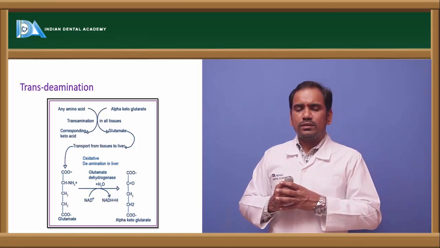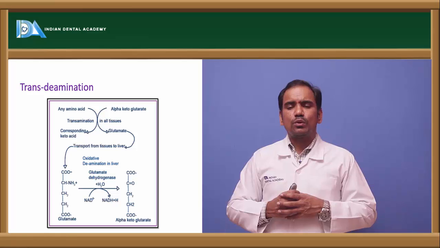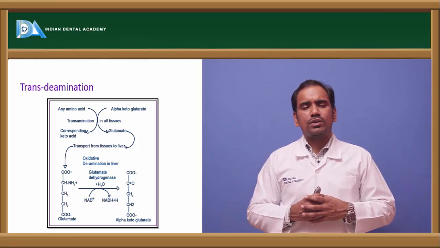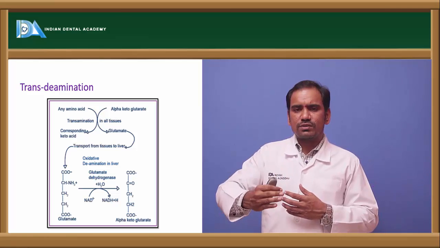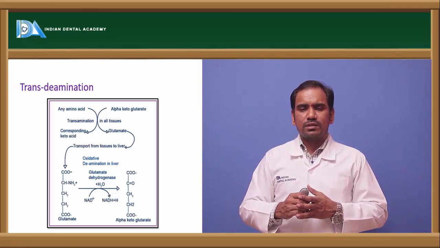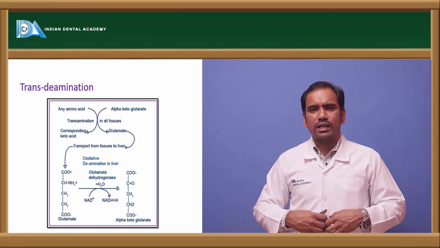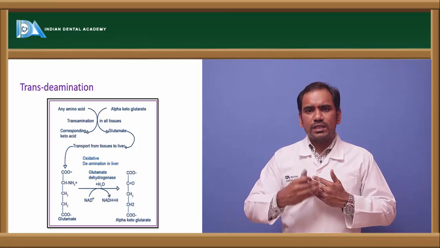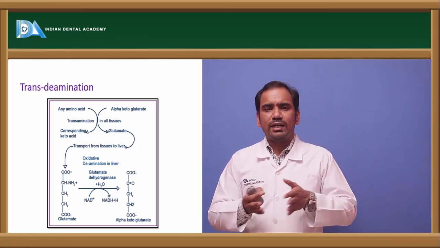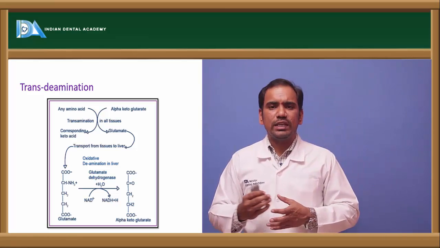And that glutamate, after reaching the liver in hepatocytes, undergoes another process called oxidative deamination. Transamination simply involves the transfer of amino group, and that happens in the peripheral tissues. Once glutamic acid reaches the liver in the hepatocytes, it undergoes oxidative deamination. Deamination is removal of amino group, and that is coupled with oxidation, so that's why we call it oxidative deamination.